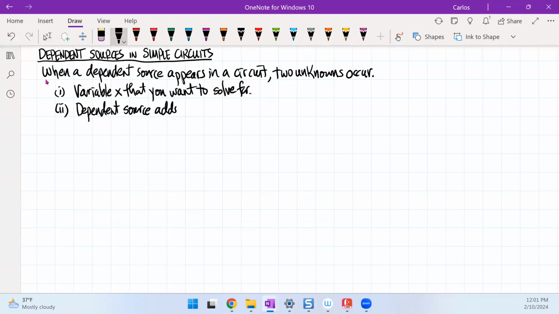adds an unknown controlling variable, which we can define as the controlling voltage or the controlling current.